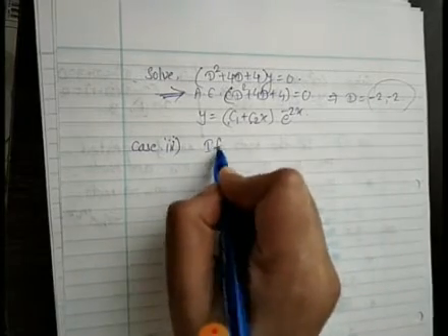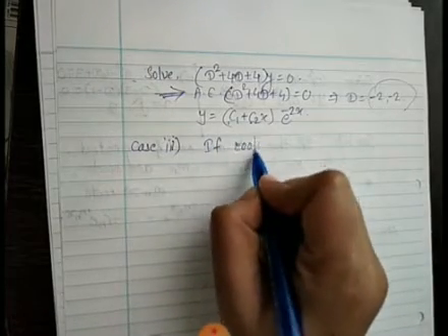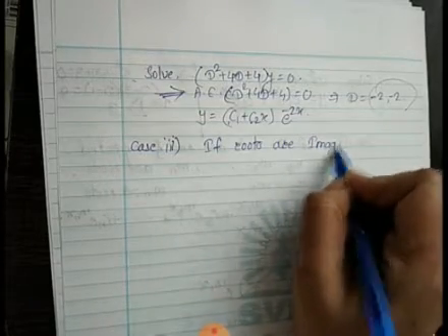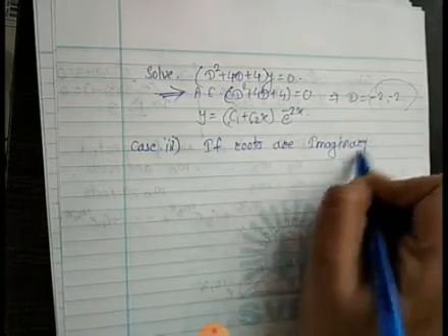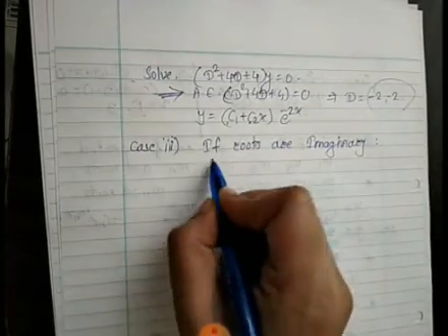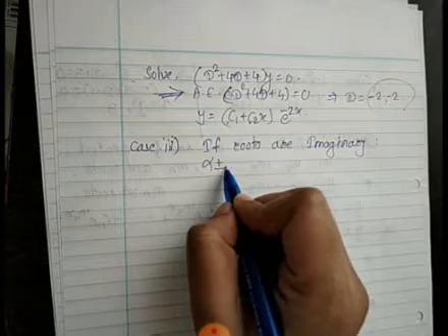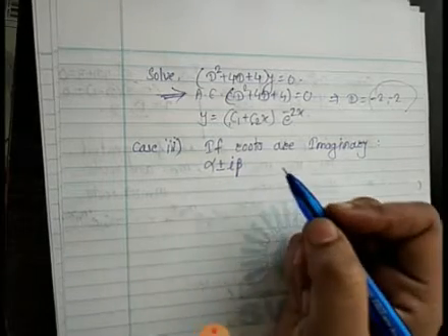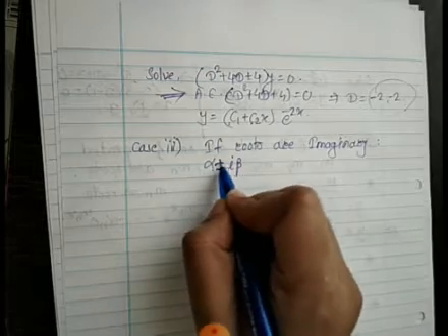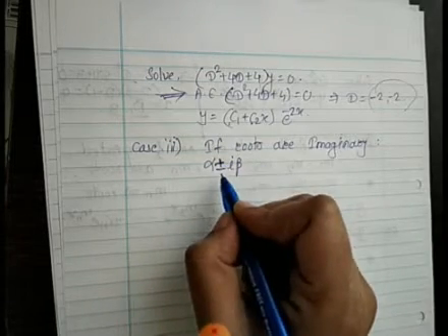If roots are imaginary. What is imaginary? Complex. And what is the form? That is, if the root is alpha plus minus i beta, and whenever there is an imaginary number, it is always with a plus minus. It is never just 2 plus 3i.